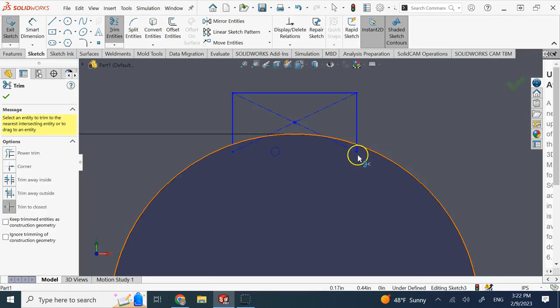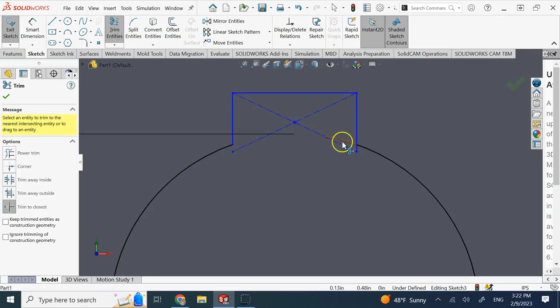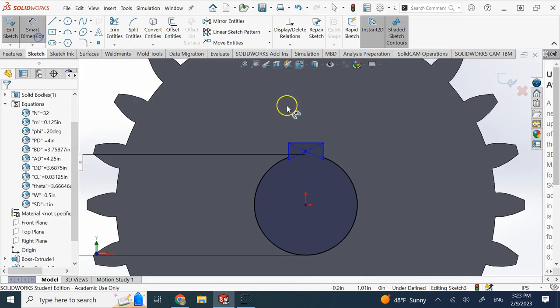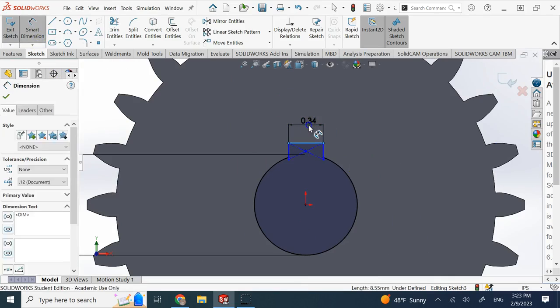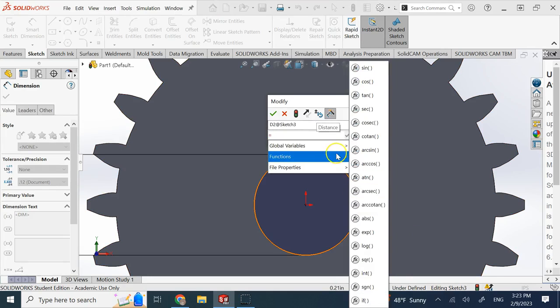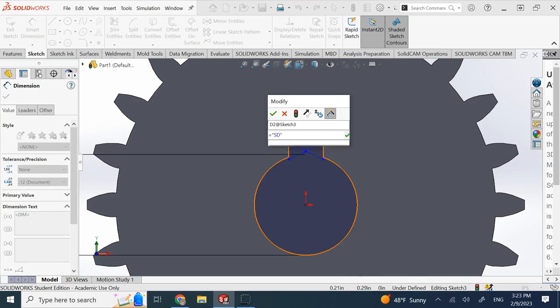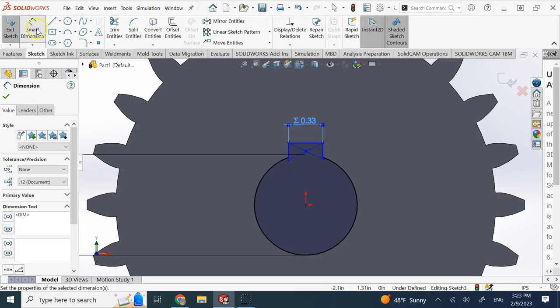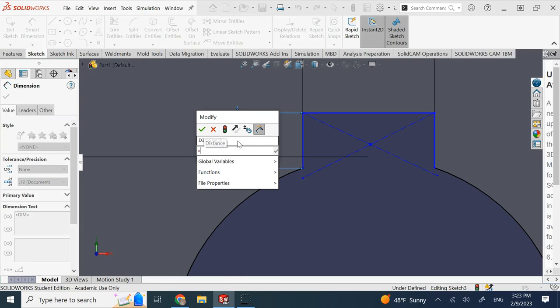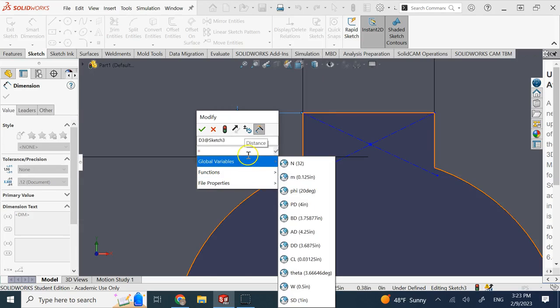Okay, so this is what you have, and you can provide dimensions again here. Let's say this is equal to 1/3 of the shaft diameter, right? And then you can provide some height as well, and let's say this is equal to shaft diameter over 8.